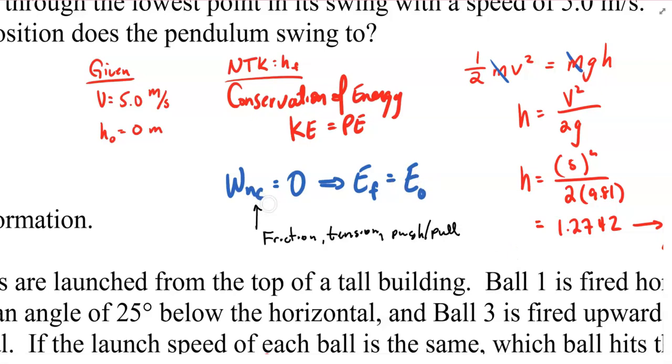Now, examples of non-conservative forces were friction, tension, push-pull forces, and those that are essentially not associated with potential energy. Those are what we would call non-conservative.